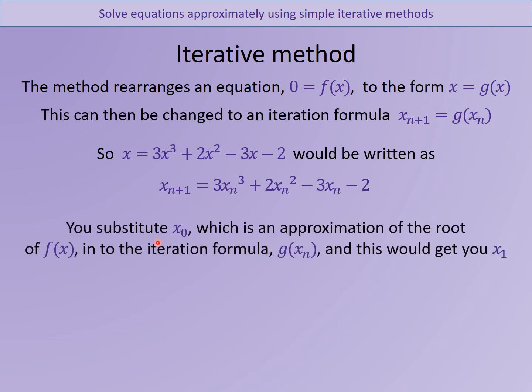So what I can do is substitute in some value, x0 being the very first value, some sort of guess that you might have to start with, which is some sort of approximation of the root. So you might look at this and go, I think the solution might be x equalling 1. That would be your first guess. And you would substitute it in there, and there.